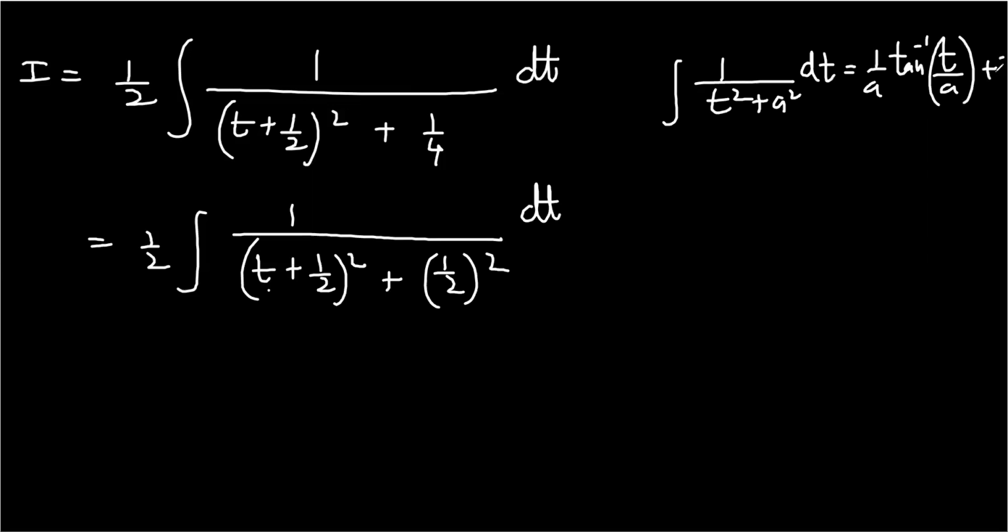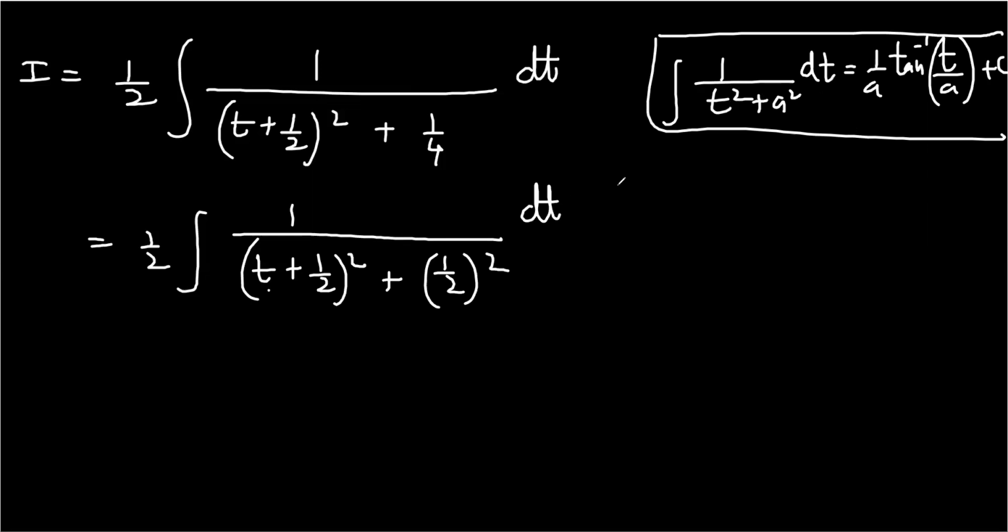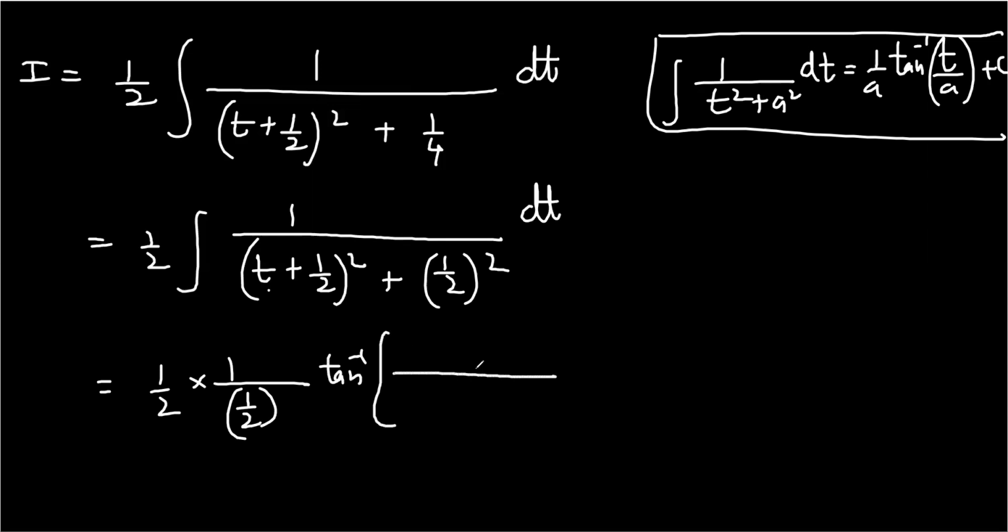I'm writing the integral in terms of t, and if you have x, then everything in t will be replaced by x. So here I have 1 over 2 and 1 upon a. What is a? A is 1 by 2. Tan inverse of variable upon a. The variable is t plus 1 by 2, upon a, 1 by 2, plus c.